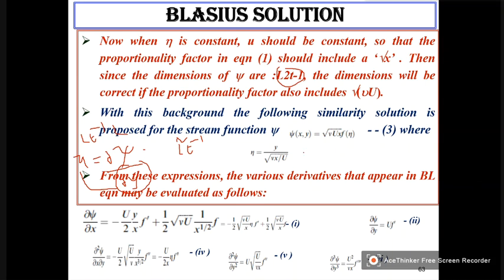Now you consider nu. What is nu? The kinematic viscosity. It is L square T minus 1. So that is the reason why we take this function psi in this form.